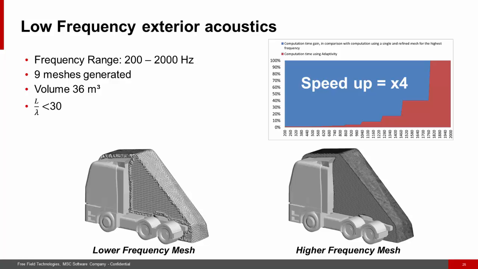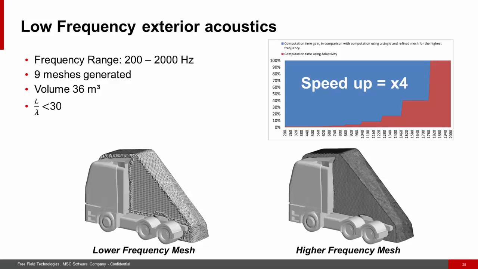In other words, the mesh adaptivity has generated a set of meshes for the low frequency range and for higher frequency range. A set of 8 meshes has been generated, all of them featuring hexacore elements, allowing a gain of about 30 to 40% in terms of computational time and RAM consumption compared to the tetrahedral mesh.